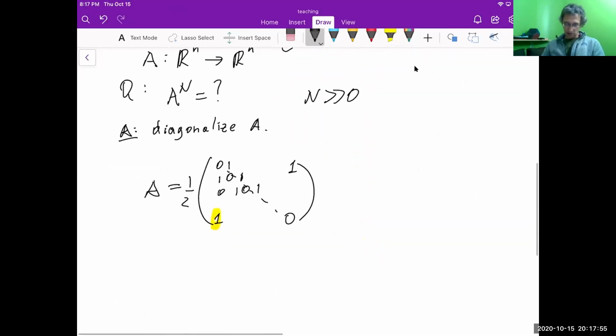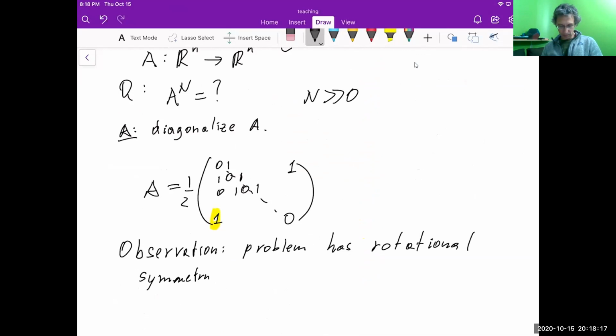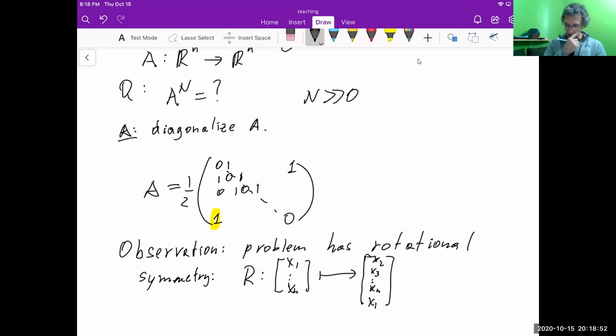So we can actually, if you denote by R the operator which sends x1 through xn into, say, x2 and so on, in other words, the operator which cyclically rotates all the n entries.